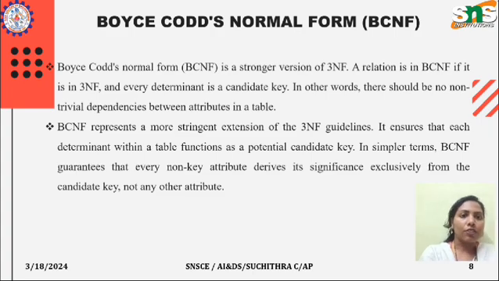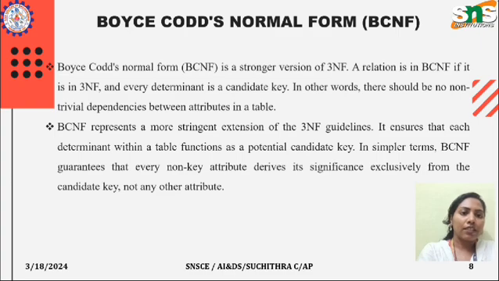The next one is Boyce-Codd Normal Form, BCNF. Boyce-Codd Normal Form is a stronger version of 3NF. A relation is in BCNF if it is in 3NF and every determinant is a candidate key. In other words, there should be no non-trivial dependency between attributes in the table.